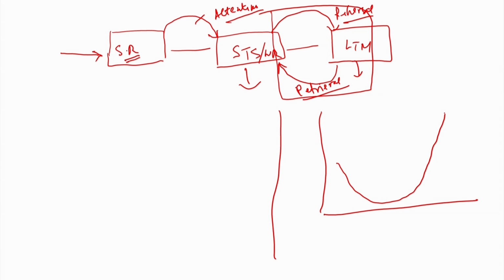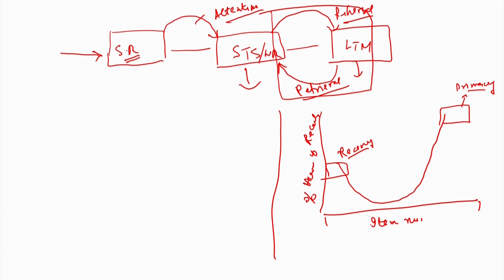Looking at percentage accuracy of recall on this side, and the item numbers on the list, items which are recent tend to be retrieved more, and items at the beginning of the list also tend to be retrieved more, whereas items in the middle of the list are not retrieved. This was called the primacy effect, and this is called the recency effect, a very popular theory we have discussed before.